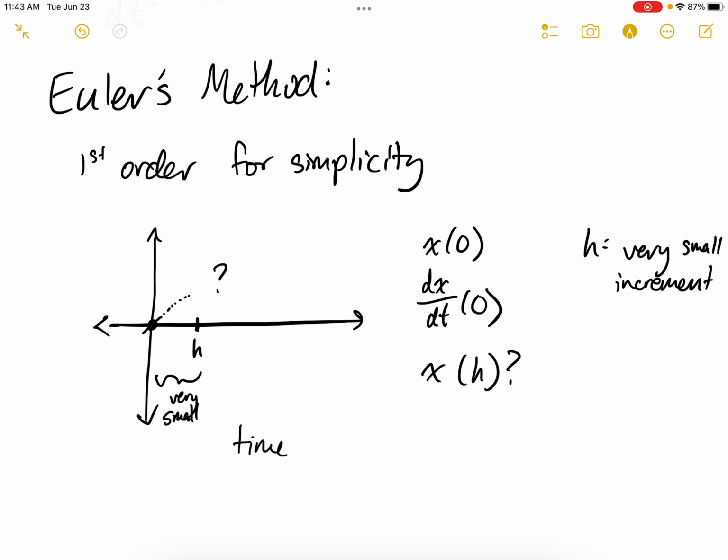So basically what we do is we extrapolate out from that first point and go the horizontal distance h, and then we say that this dx is equal to dx dt at 0 times h.